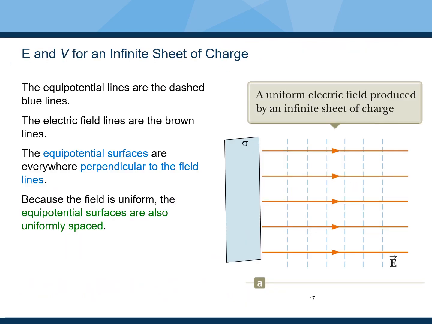We have studied in chapter 22 that the electric field associated with an infinite sheet of charge with a positive surface charge density sigma is given by the electric field that is shown by these orange arrows out here. Notice therefore that the electric field Ex is a constant.